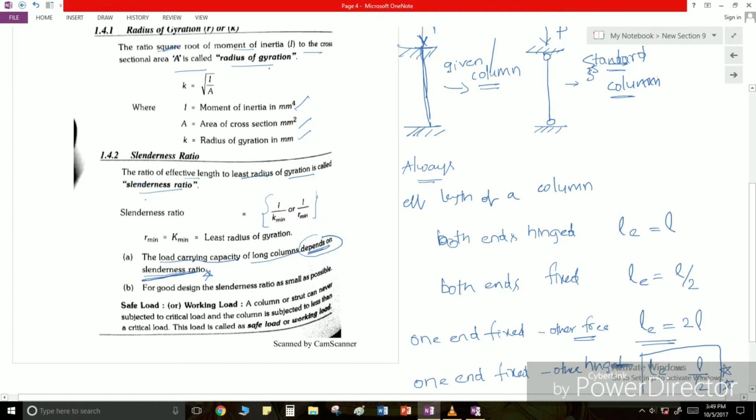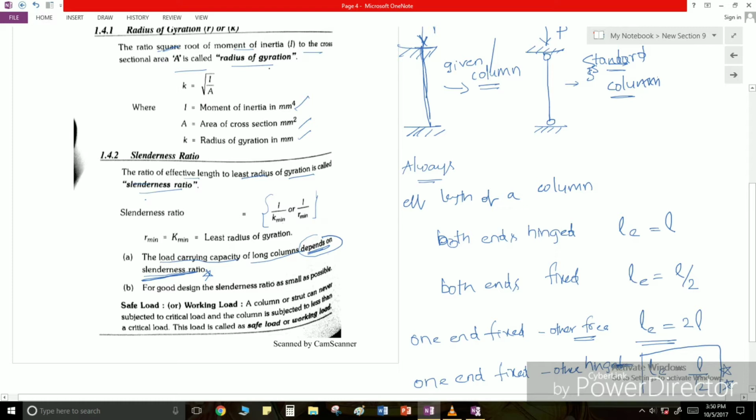That means slenderness ratio is directly proportional to buckling. If the height of the column is more, the slenderness ratio is more, and buckling will be more.